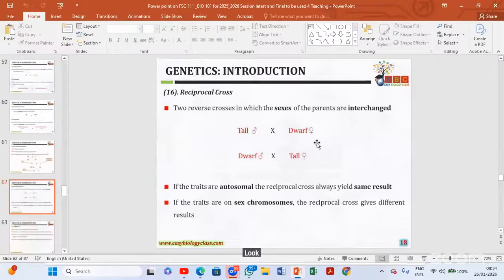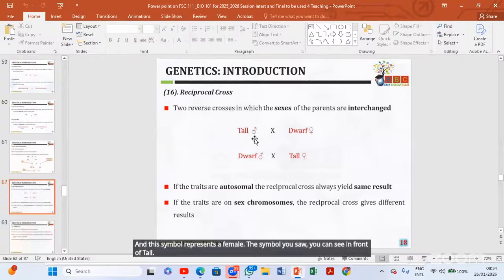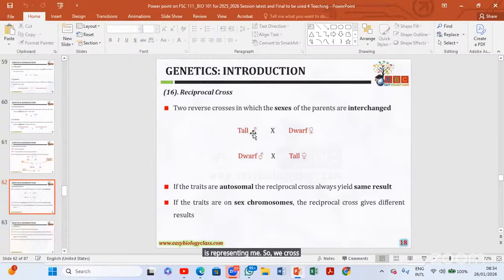Look at this first cross. We cross a tall with a dwarf individual. But that tall is having this symbol. This symbol represents a male, and this symbol represents a female. The symbol you can see in front of tall is representing me. So we cross a tall male with a dwarf female. That's one. When you now do a reciprocal cross, it means you now change the sexes based on the trait.